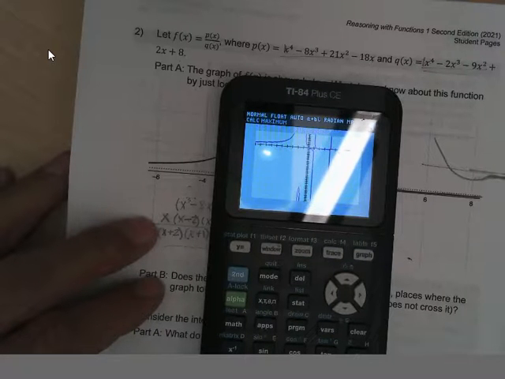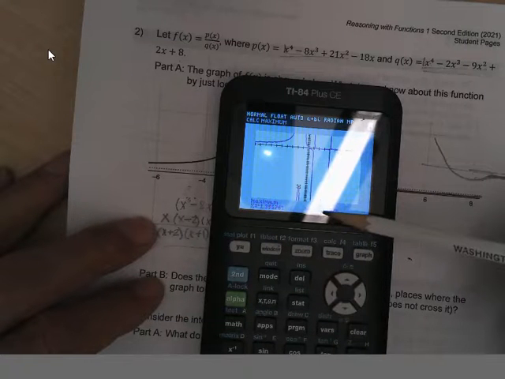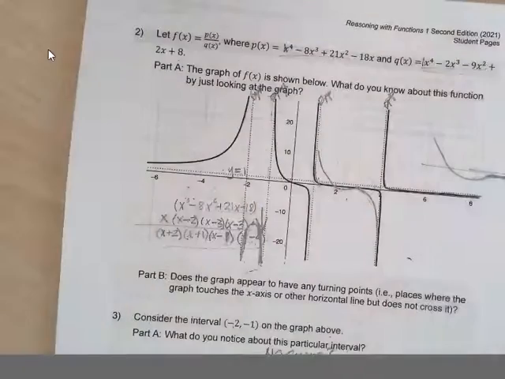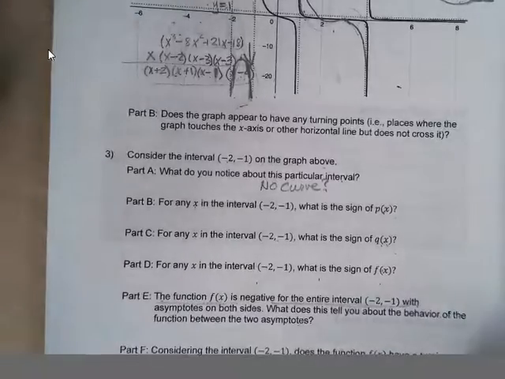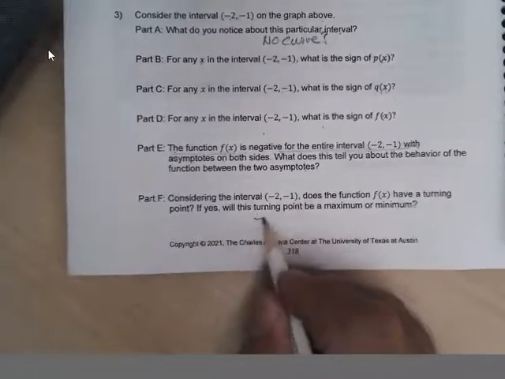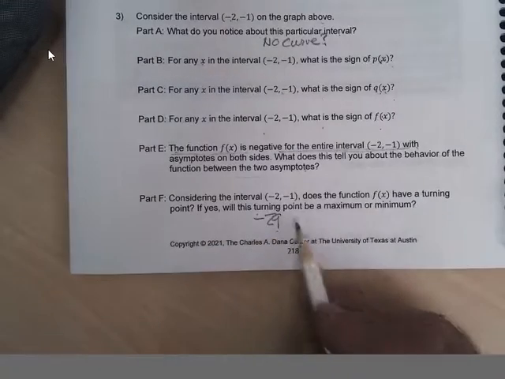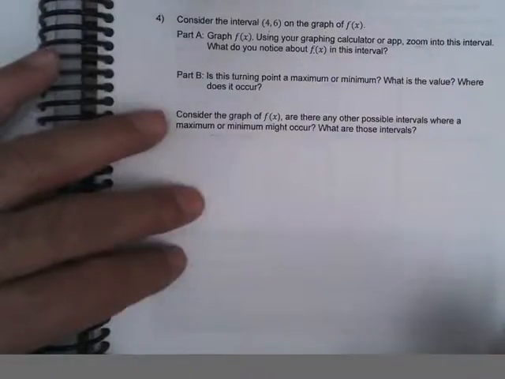I'm going to make my guess for that, and it says it's at negative 1.39, and that local maximum is negative 29.26. So down at the bottom here, negative 29.26.